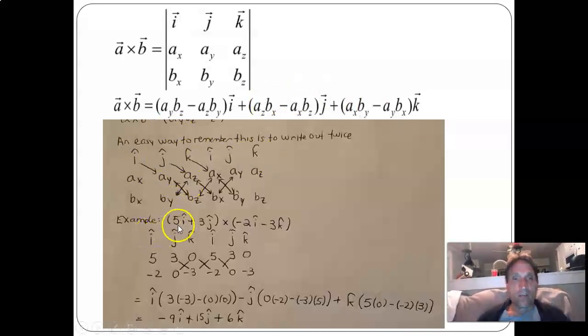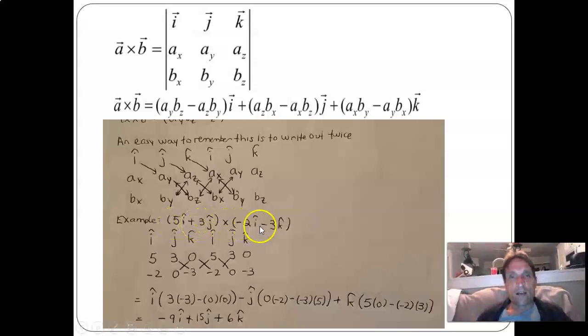So let's do an example here. Suppose the first vector A is 5I plus 3J. In other words, its X component is 5, its Y component is 3. And we're going to take the cross product with another vector, which is negative 2I minus 3K. So its X component is negative 2, and its Z component is negative 3.